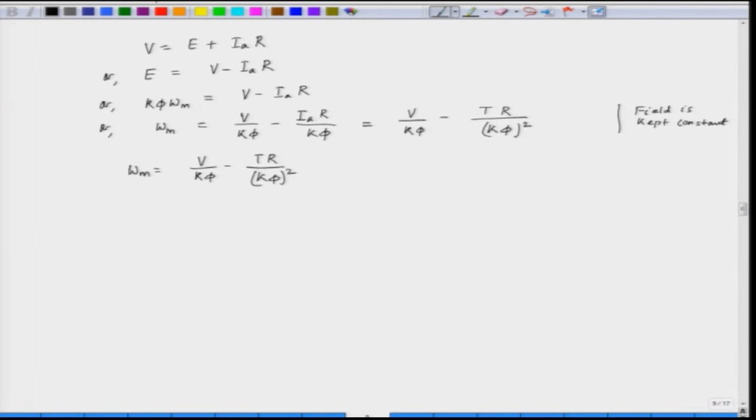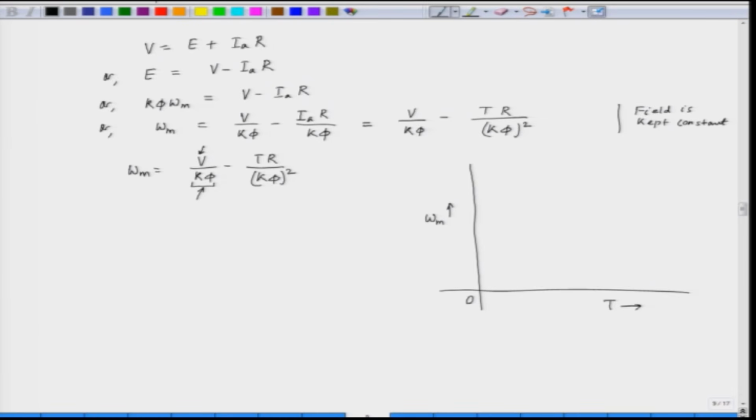So, this is the equation of a straight line. We are plotting omega m on the y axis and torque on the x axis. This is the applied voltage, and K phi is constant because we have assumed that the flux is constant.